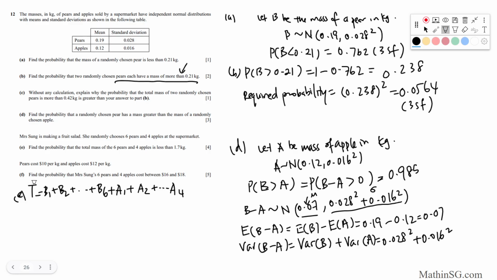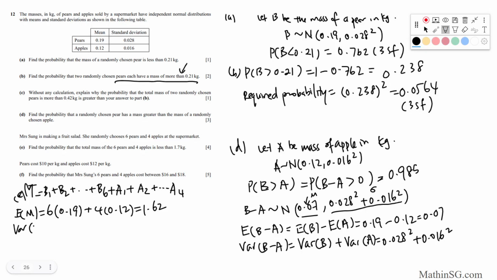In my answer sheet, I define them as M. So let M be this. So what is the expected value of M? It's basically 6 times the expected value of B plus 4 times the expected value of A, which is equals to 1.62.